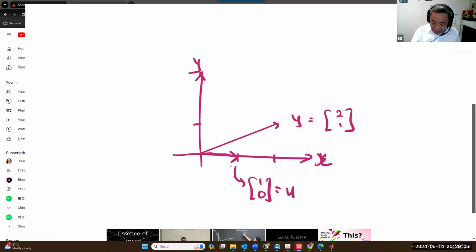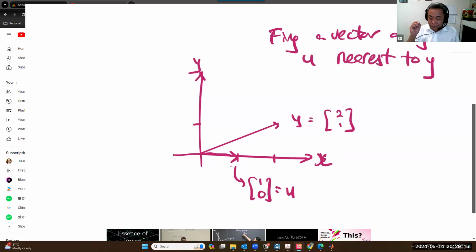I want to find a vector along u nearest to y. So where can you go? You can run around here. Ooh, that's bad, right? You're running further and further away from y. You run here, slightly better, because you are nearer. You run here, nearer. You run here, you think, very nice, almost the nearest. You run here, further away. Can you see now? You're further away from y.